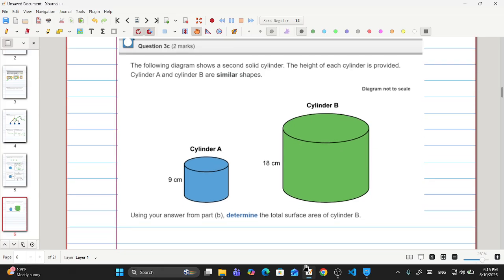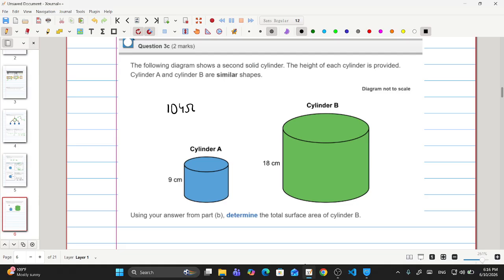The following diagram shows a second solid cylinder. The height of each cylinder is provided. Cylinder A and cylinder B are similar shapes. Use your answer from part B to determine the total surface area of cylinder B. Total surface area for cylinder A was 104 pi, right?